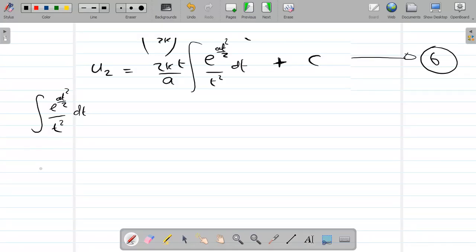So what I'm going to do is take, because this is the same as, the integral of t to the minus 2 times e to the a t squared over 2 dt, right?